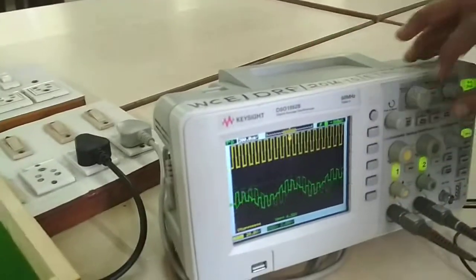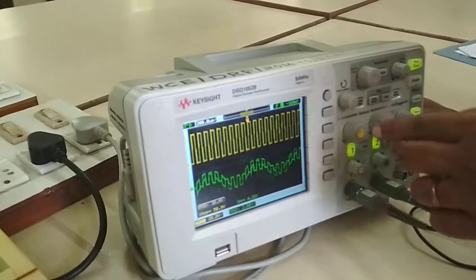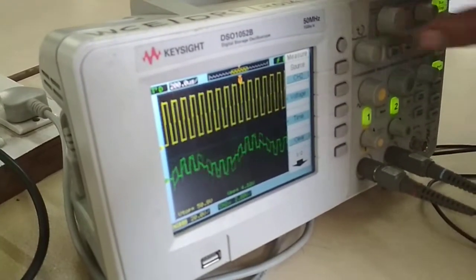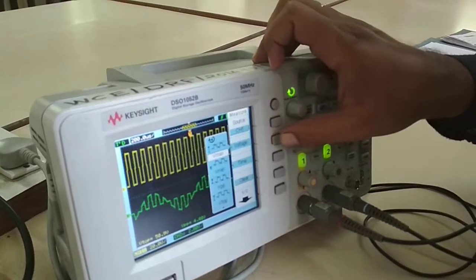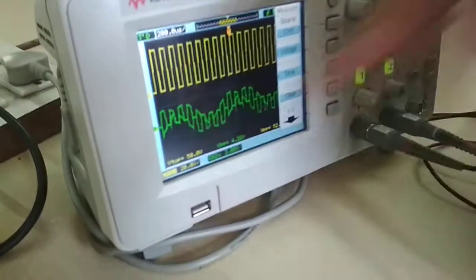Okay, so this is my carrier signal, and the carrier is connected to channel 1. Voltage peak to peak, so it is 50 volt, right?